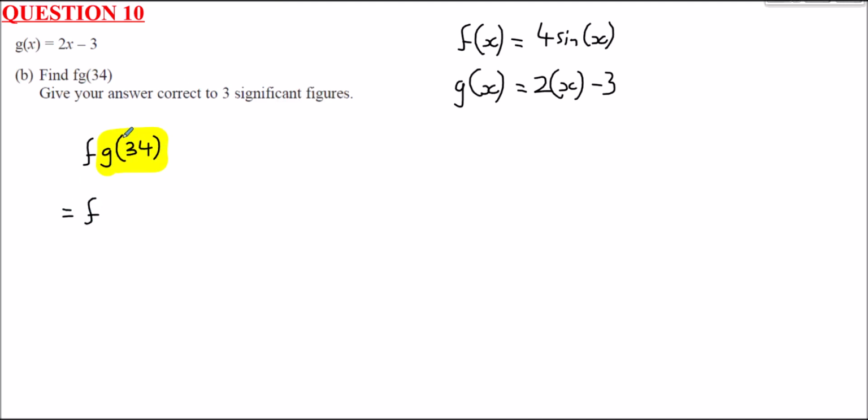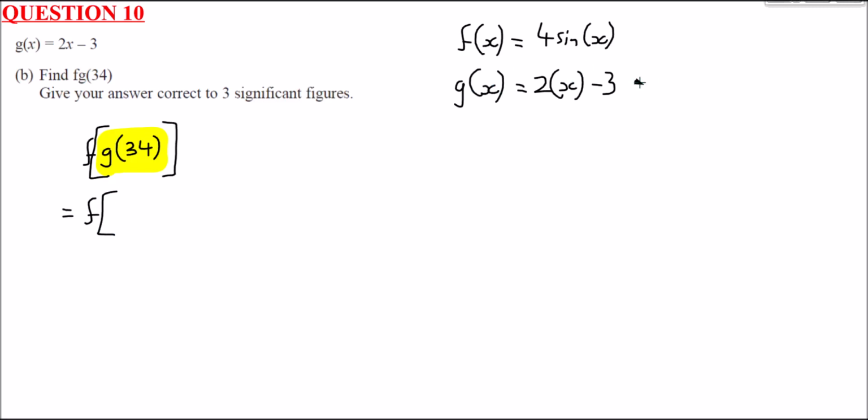The way of thinking of it is, imagine this g of 34 in its own invisible brackets. So BIDMAS, do these first, then work outwards. So what is g of 34? Well, g of x is 2 lots of x minus 3.